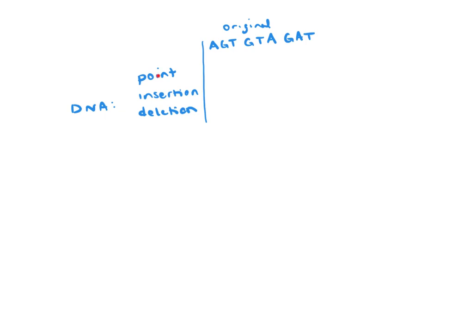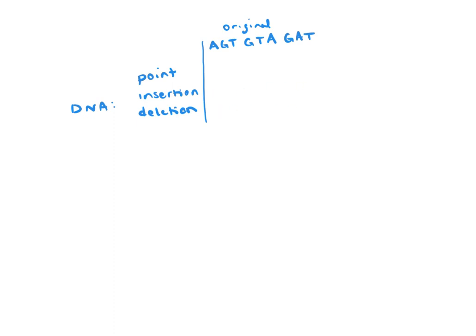Okay, so now we want to talk about how we describe these changes based on different perspectives, from the DNA, protein, and functional level. We talked about really three different DNA mutations that can occur. We can have point mutations, which are also called base substitutions, insertions, and deletions. So if we look at this original sequence, see if you can write out an example of each of these types of DNA mutations.